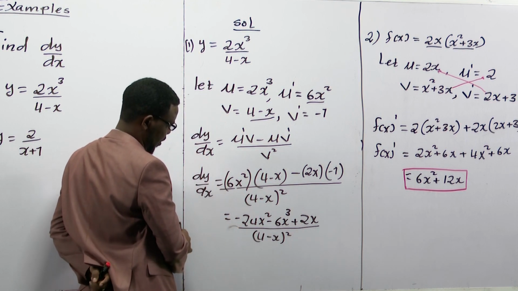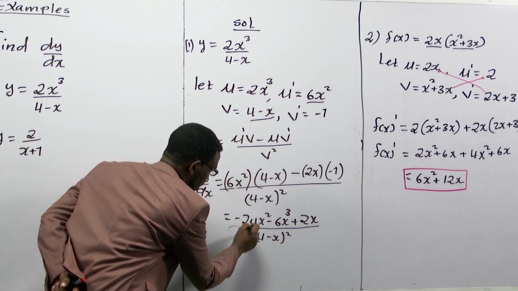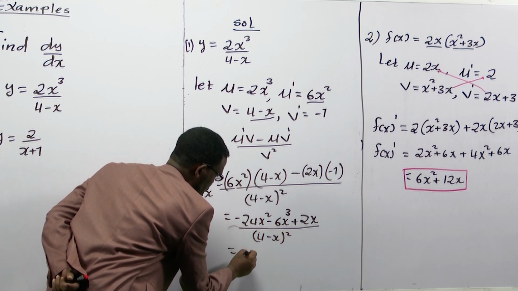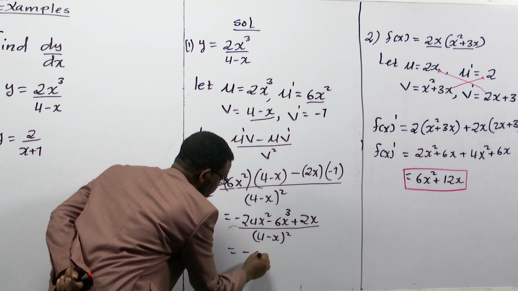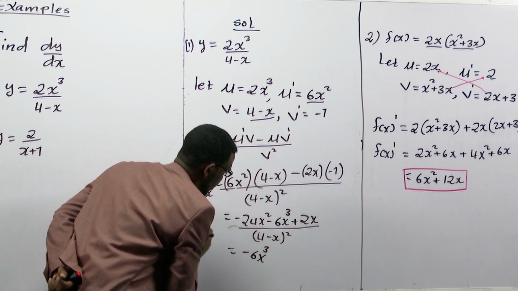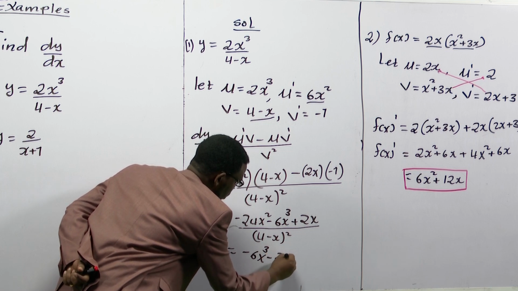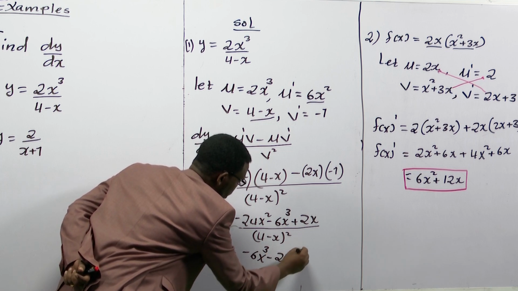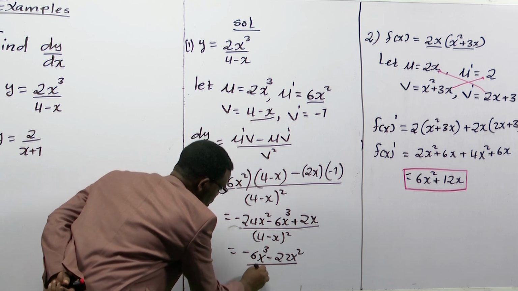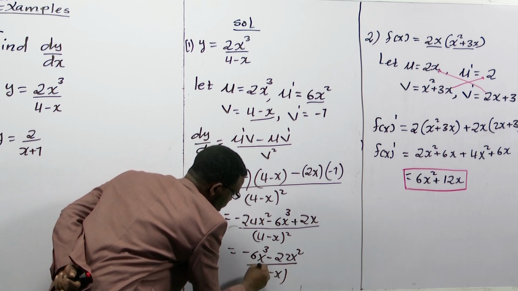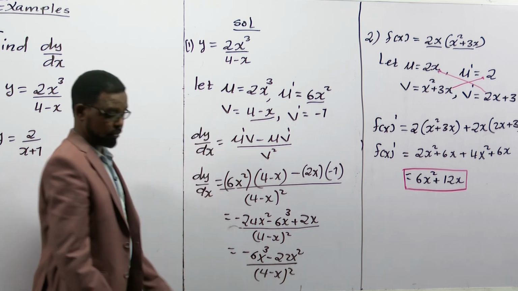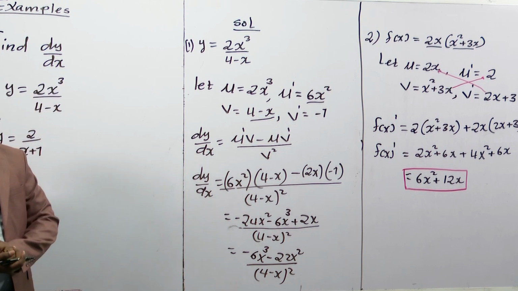Okay, simplify. The most powerful is minus 6x cubic plus 2x cubic, adding those two gives minus 4x cubic, plus 24x squared, divided by 4 minus x whole square. Is that our last answer?